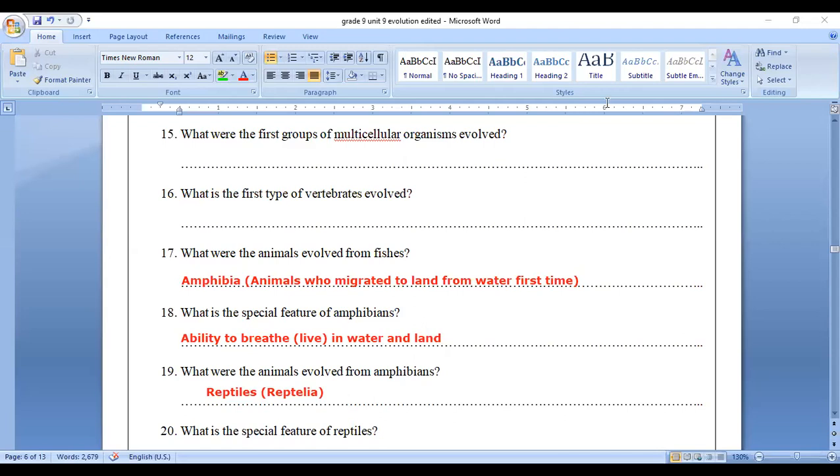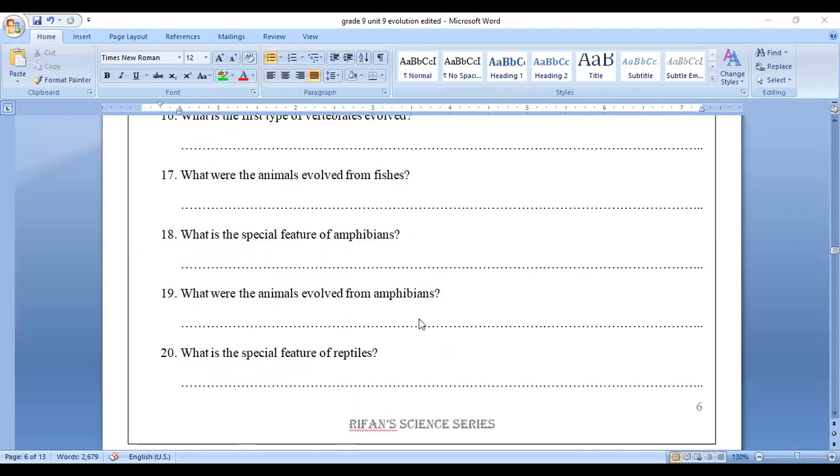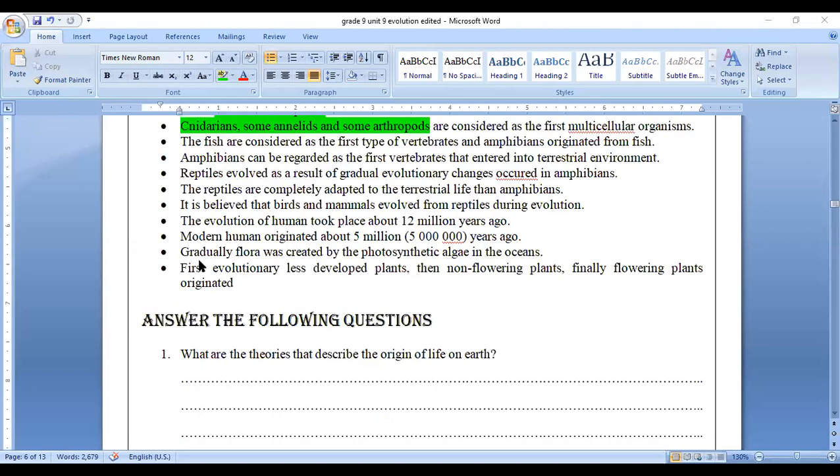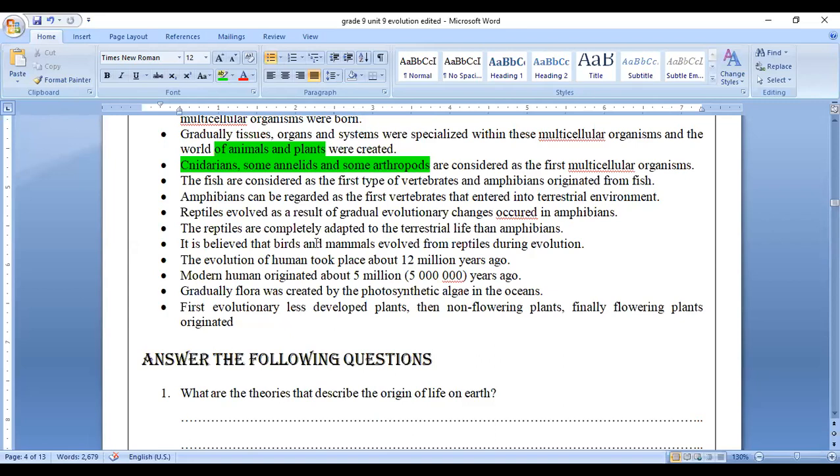Right. What is the special feature of reptiles? There are many special features of reptiles, but the special feature you are pointed to here is that they are completely adapted to terrestrial life. Amphibia is not so.